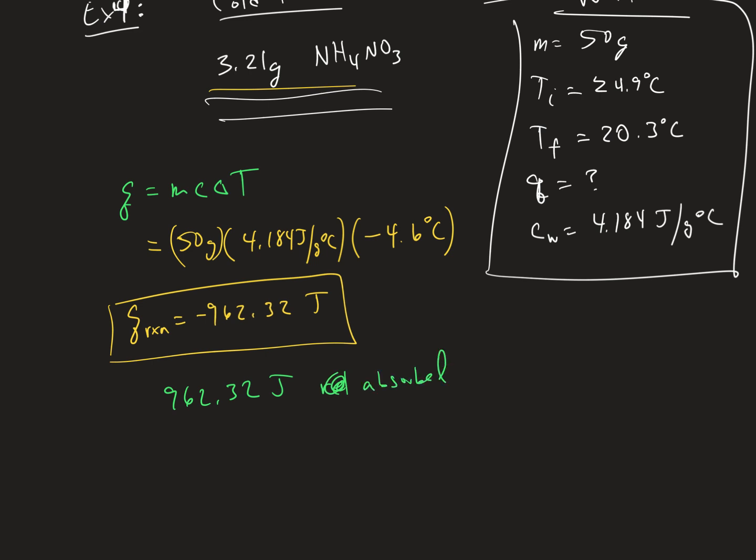Isn't that what a cold pack does? It takes in the heat from the surroundings, therefore making the surroundings feel colder. So then the Q of the cold pack would be positive, and the Q of the water would be negative. I know it doesn't technically matter, but it's how you think about it.